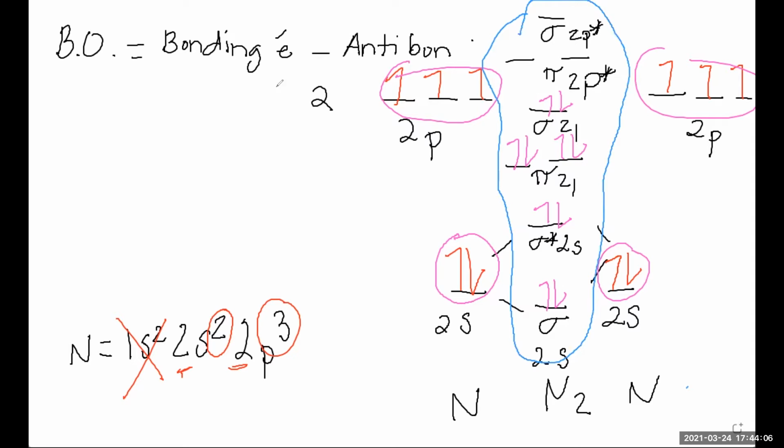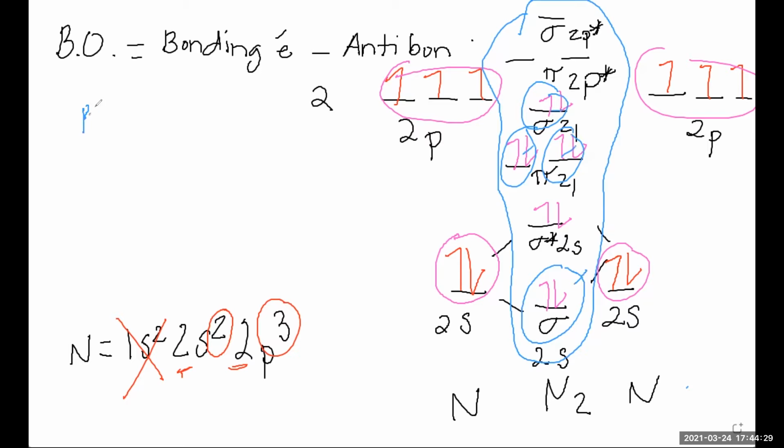Our bonding electrons are going to be our electrons that are not with our stars. So these are our regular bonding electrons. If we count our bonding electrons, there's a total of 2, 4, 6, 8.